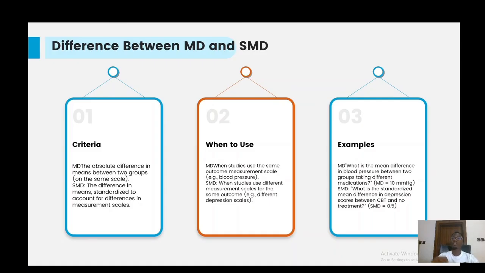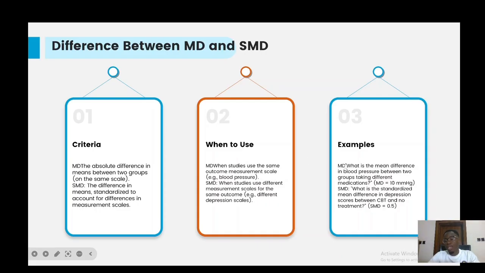For example, this one is measuring blood pressure in millimeters of mercury, the other one is measuring blood pressure in another scale. So if we want to get the mean difference, we'll have to use a standardized mean difference that accommodates all the scales. Whenever there are different measurements, we use the SMD. Whenever they use the same outcome measurement, then we use the mean difference.